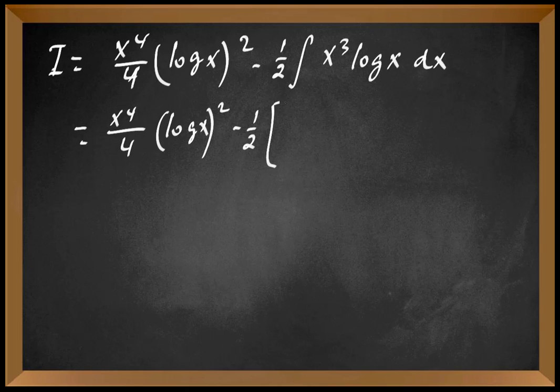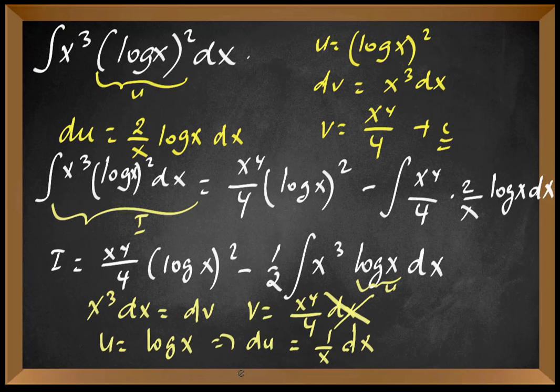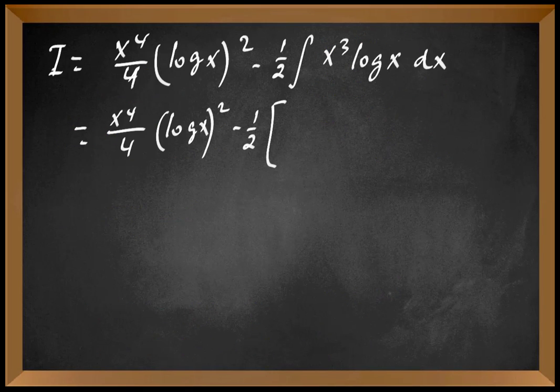Now we have another integration by parts here, and we had already named u and dv. There you go. Now we have to tell uv will be x to the power 4 over 4 times log of x.